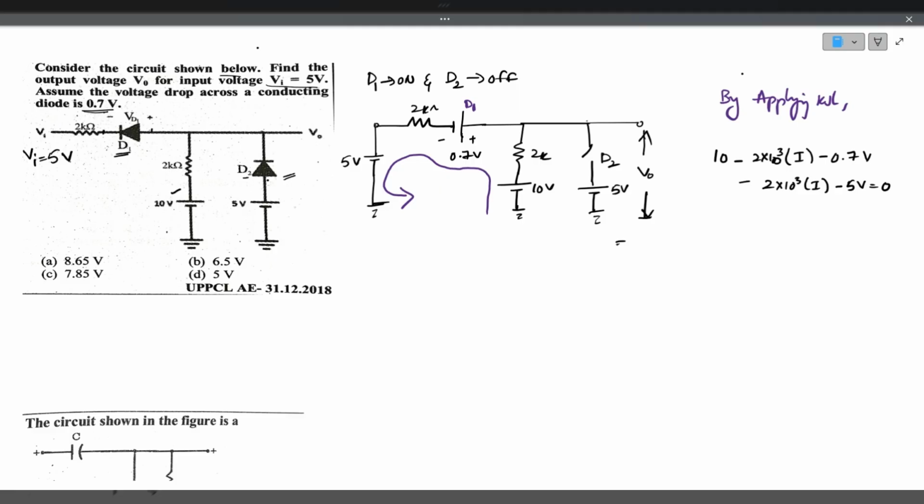So now by solving this equation, you will get I as 1.075 amperes.